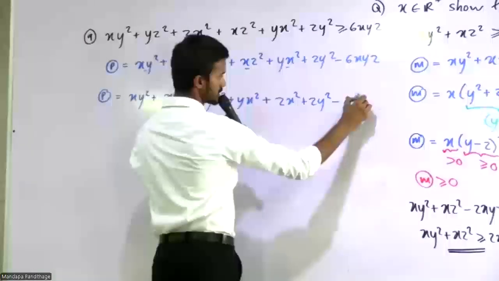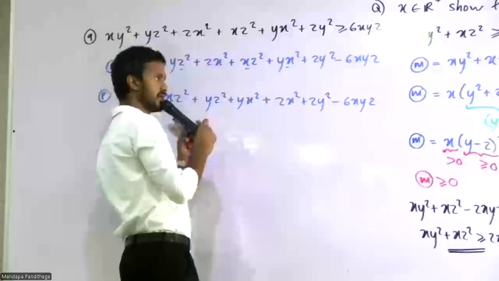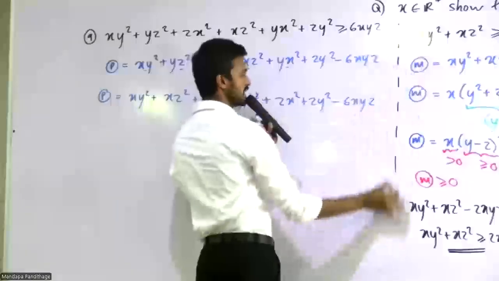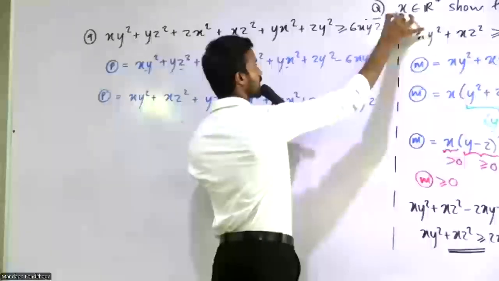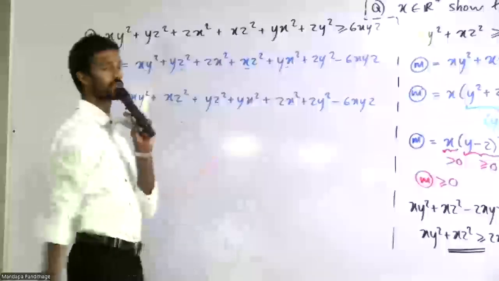And I'm having a minus 6xyz. That's why when I give a problem and give time, I give ample time to think about the problem. I expect you to think and do this. If not, I can just give you 1-2 minutes and then move on to the next question. This is how we have to do this.